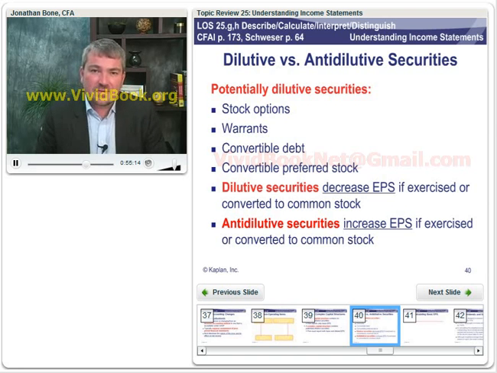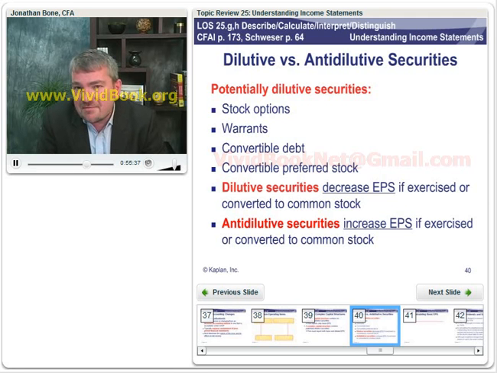Now let's talk about this distinction between dilutive and anti-dilutive. A security is deemed to be dilutive if, when we look at whether it would be exercised or not, it causes EPS to fall. We're going to look at these instruments and pretend that they are converted at the beginning of this year, regardless of whether they actually can be or not.